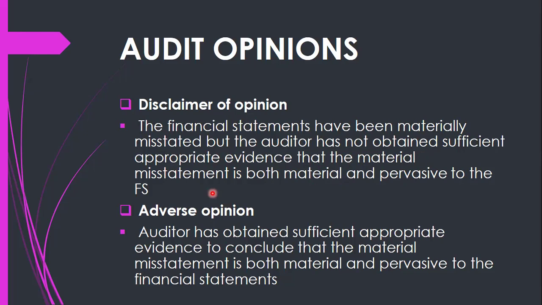The auditor cannot fully express that the financial statements are materially misstated and that the misstatement is pervasive, because the auditor has not obtained sufficient appropriate evidence. There's a scope limitation. Then the auditor needs to express a disclaimer of opinion.